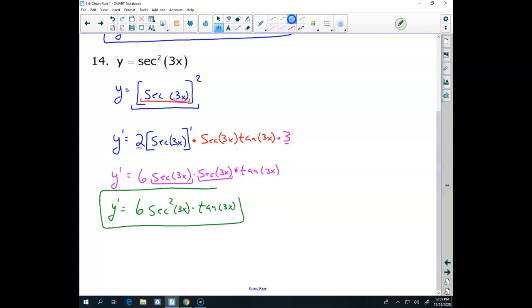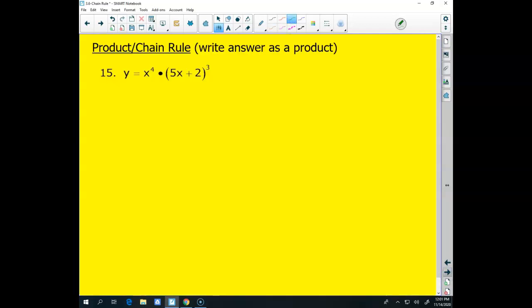And that would be my derivative of secant squared 3x. Through that whole process, when I put my like terms together and multiply a secant times a secant, I do get a secant squared.